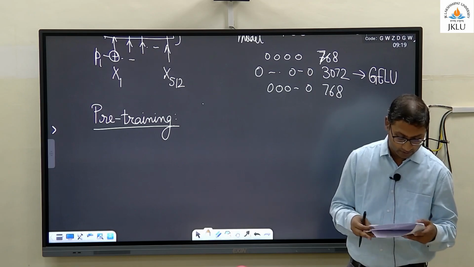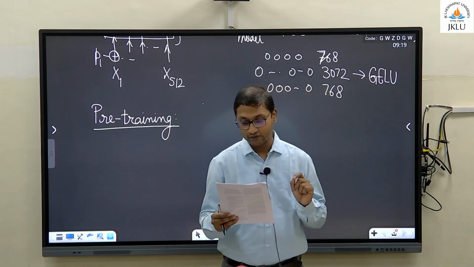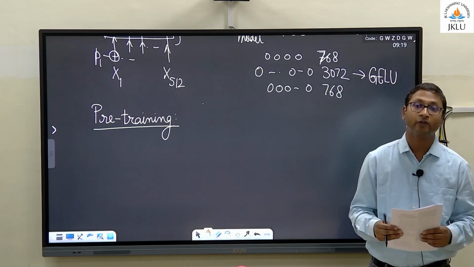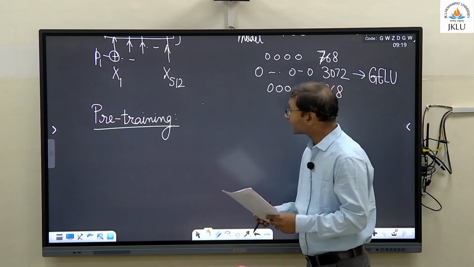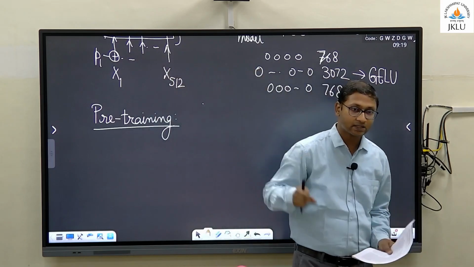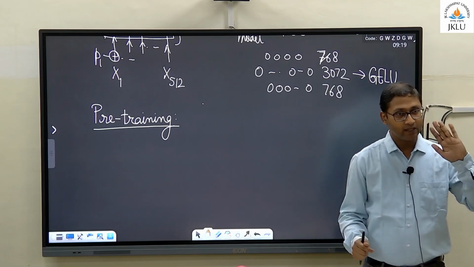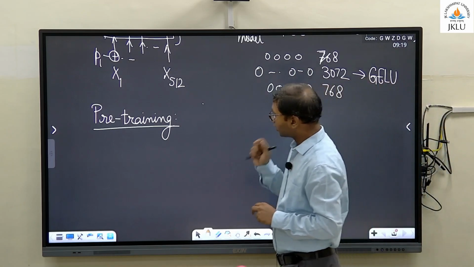The paper title is BERT, Pre-training of Deep Bidirectional Transformers for Language Understanding. Okay. So it is not for language modeling. So if it is not for language modeling, what can I rule out for training task? That it is not predicting the next word in my sequence. Okay. It is not doing that.